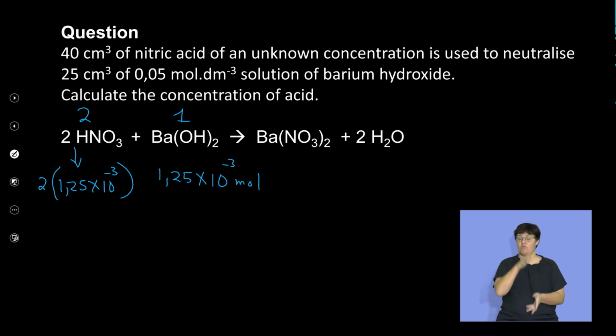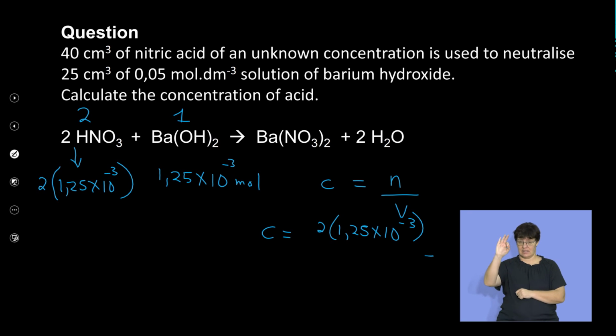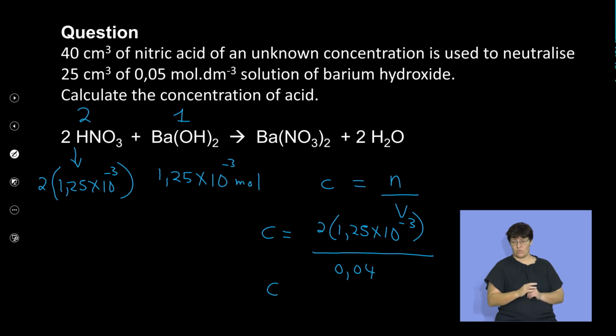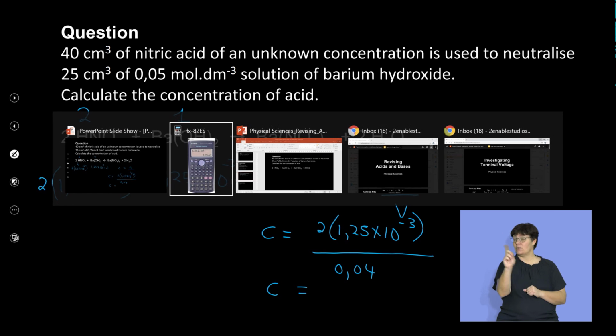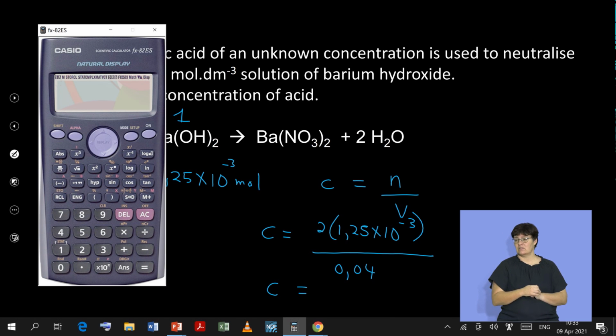Now, we are also told what the volume is. If we want to find concentration, we know that concentration is number of moles per unit volume of solution, right? So the concentration is 2 times 1.25 times 10 exponent minus 3, divided by the volume, which is 40 cubic centimeters. 40 is 0.04 cubic decimeters. So we have the calculation, 2 multiplied by 1.25 times 10 exponent minus 3, which is double the number of moles of barium hydroxide.